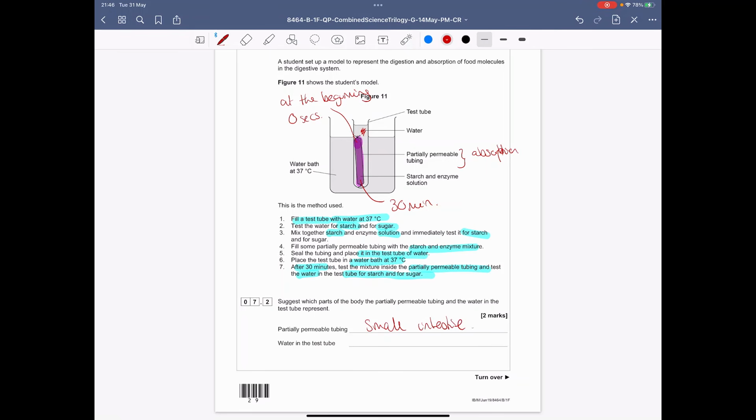So this partially permeable tubing is representing the small intestine. The water in the test tube is representing where the food nutrients go after they've been absorbed through the small intestine, and that is into the bloodstream. That then goes round to your different cells, delivering the glucose, etc., that your cells need.